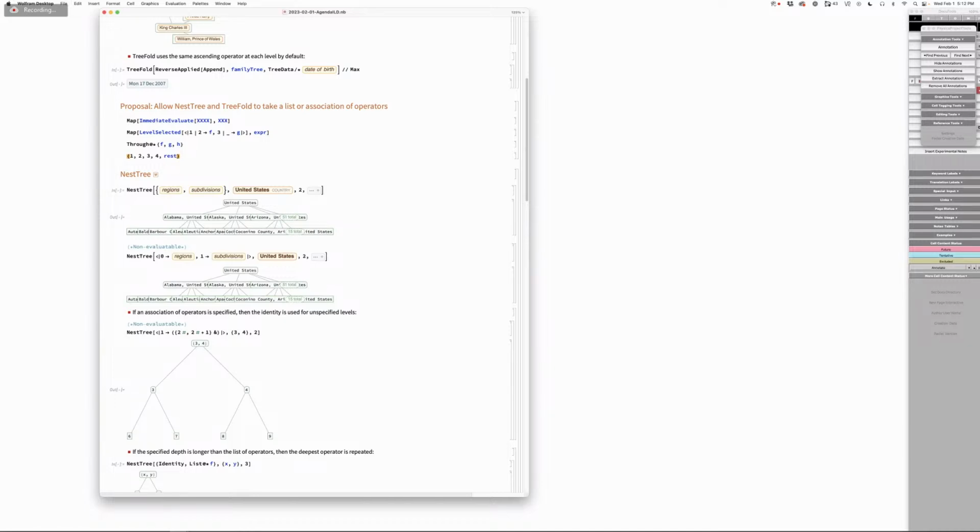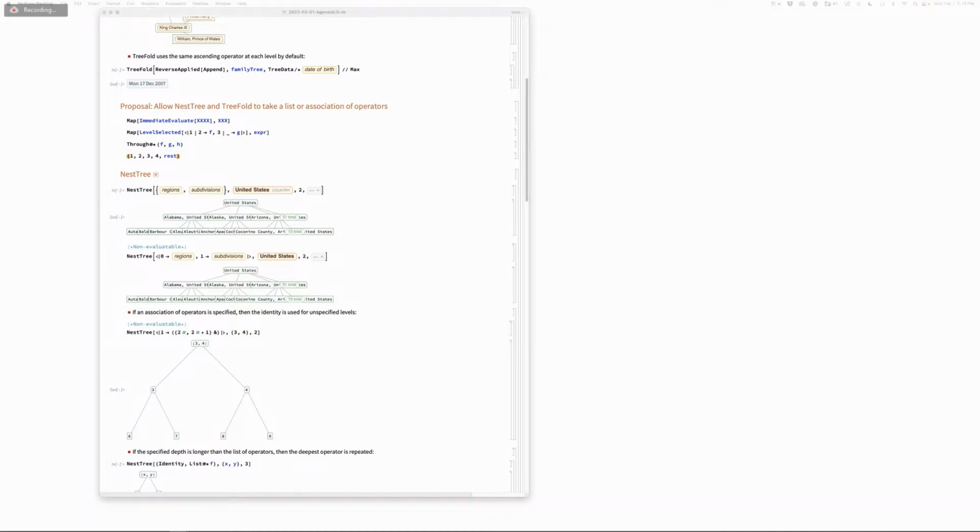If you had this 1, 2, 3, 4, but had something of depth 5, it would repeat the 4th operator. That's consistent with what it's doing now for a list of length 2, because you give an operator for the root and it repeats it for everything except the leaves. I see. So with a list of length 3, it would apply the first one to the root, the second to all the intermediate levels that are not the root, and the third to the leaves.